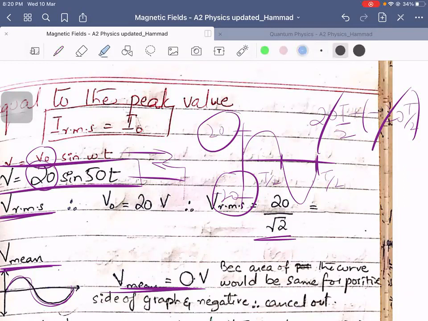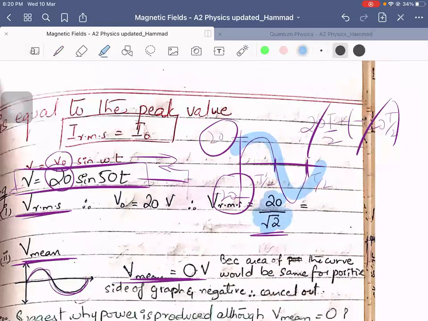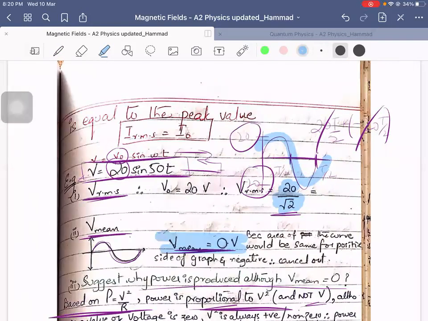By the way, for alternating currents, we use RMS using this formula, so we don't need to do that. I hope you understand why the V mean is 0 here, because it's a symmetrical wave. Please do not confuse V mean with VRMS. Root mean square is different, mean is different.